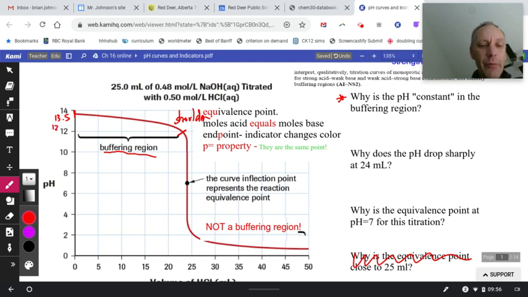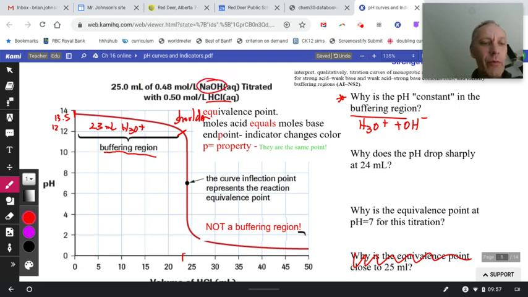So during that time, we've added a large volume of acid, about 23 mils. And the acid is HCl, or H3O plus for a strong acid. So we've added a fairly large volume of acid and the pH has hardly dropped. Why? So every time we add a mole of H3O plus, strong acid, the pH should drop. But it is immediately reacting with the hydroxide that's present.